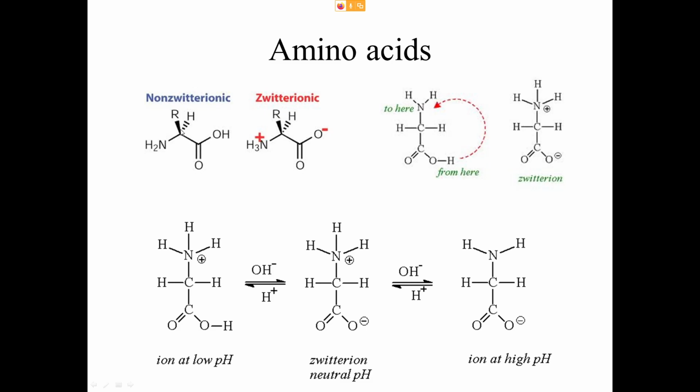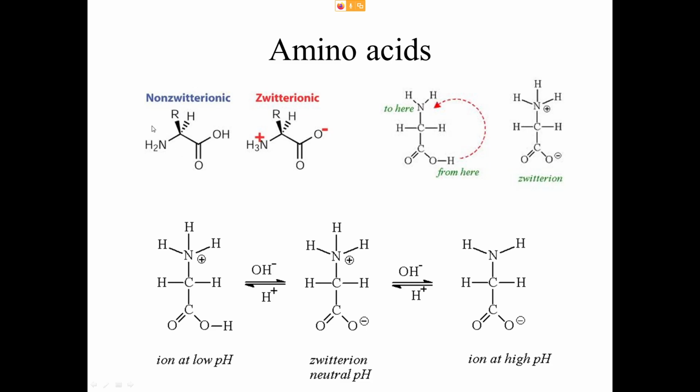There'll be 4 separate things attached, assuming R is not another hydrogen. And that'll be true for 19 of our 20 amino acids. So this R group is whatever it might be for our various amino acids, but they all have this in common. This base, or common precursor, the first 2 carbons, is always the same for our 20 amino acids. And what's attached at R is what varies.